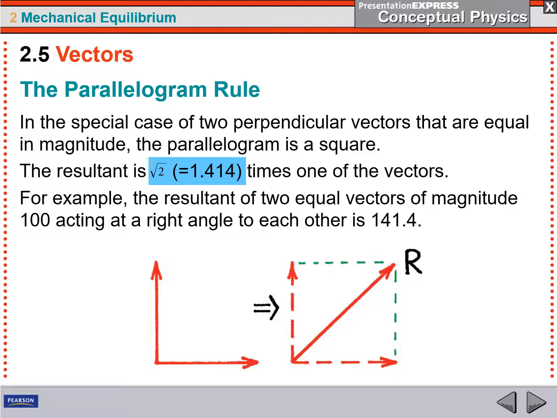So that's just a special case. If both vectors are the same size in magnitude but at right angles, then you just take either one of those sides, multiply by 1.414, the square root of 2 in other words, and you will get the magnitude of the resultant. And it will be at a 45-degree angle compared to where the two vectors were before.